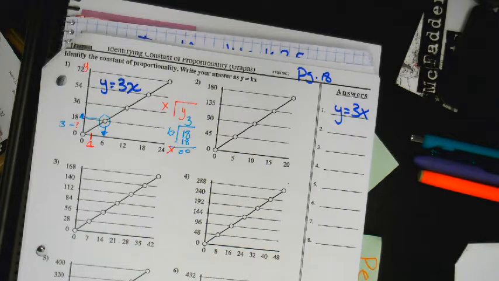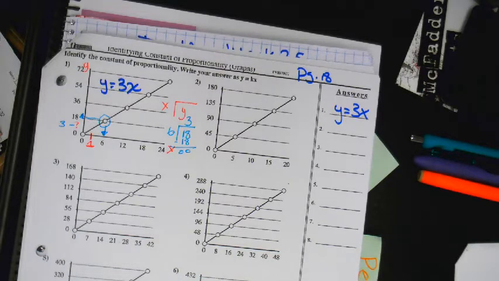Do you see how it says write your answer as y equals kx? And you're like, K? Where did K come from? In 7th grade, the unit rate is equal to K. Don't ask me why. I don't know why it's not U for unit or R for rate. I know it's not R because R is radius in math.